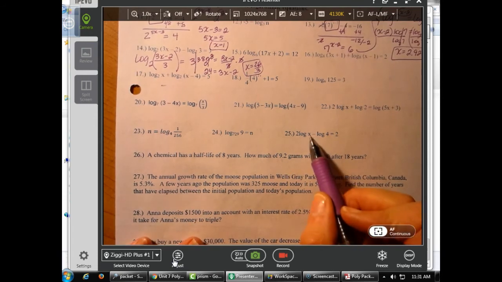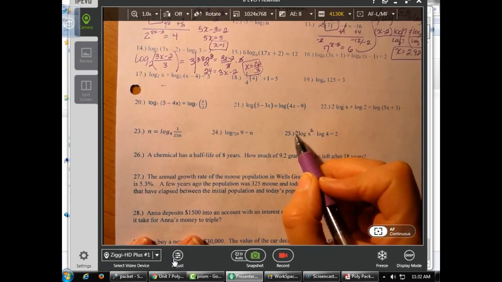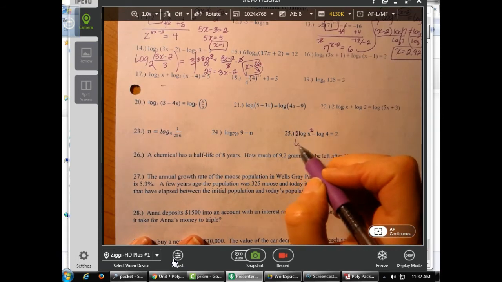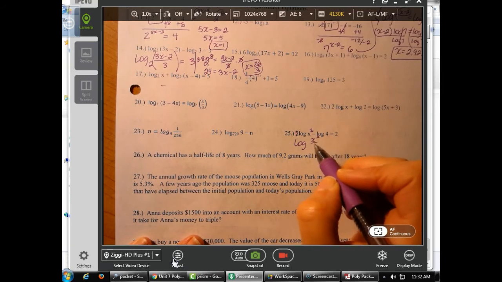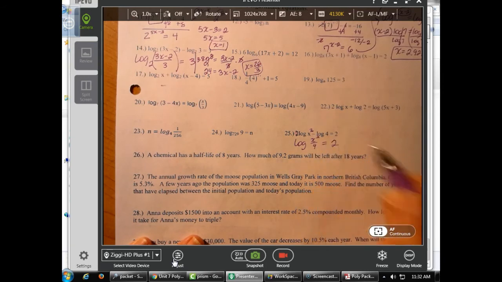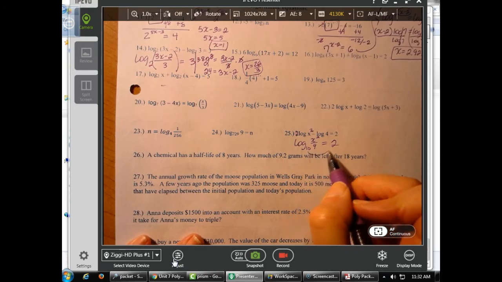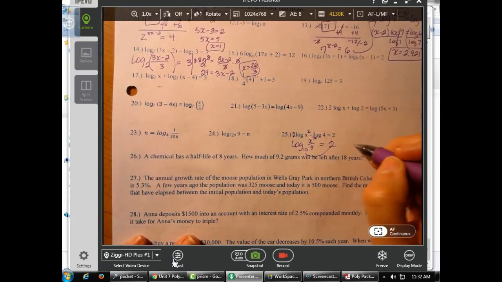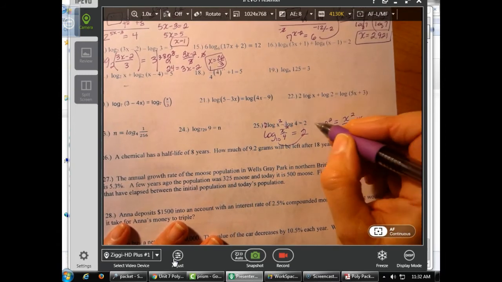So 25, I want to bring the power up first, and so the 2 here is gone, and I'm going to again say log, and then I have x squared divided by 4, and all that is equal to 2. Remember, if there's no base written, it's an understood 10, and when I loop around, I get 10 squared is equal to x squared over 4. And then I would multiply both sides by 4.